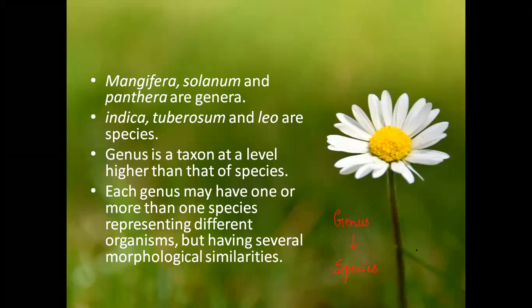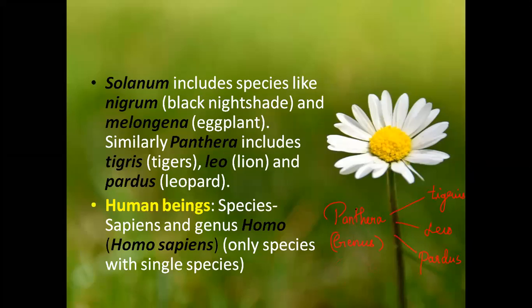What does this point say? Now you understood: this point says that one genus can have one or more species. These are species: Panthera tigris, Panthera leo, Panthera pardus.